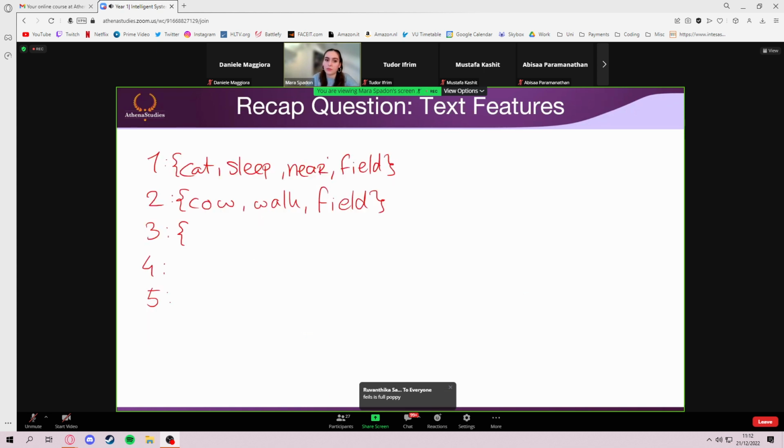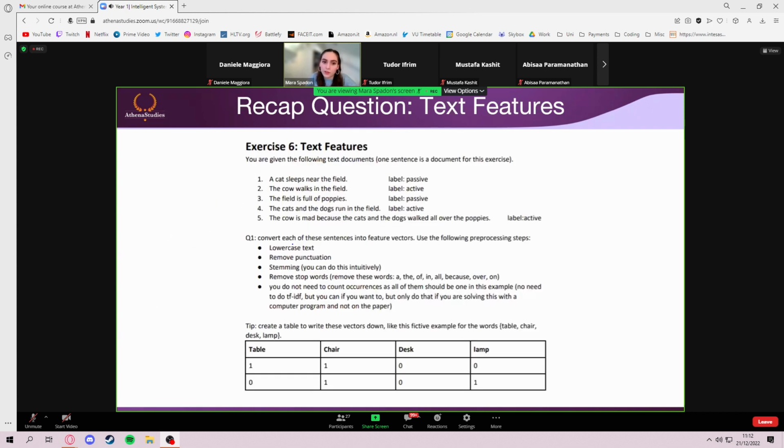Yes, we keep is because it's not a stop word in this case. So field is full, and then indeed you take the word puppy, because that's kind of stemming it already. So if there's any other form of puppy in any other sentence, we take that form. For 4, we have the cats and dogs run in the field.